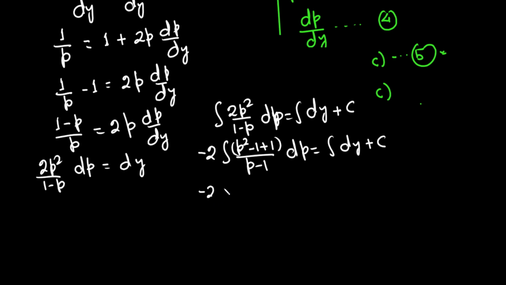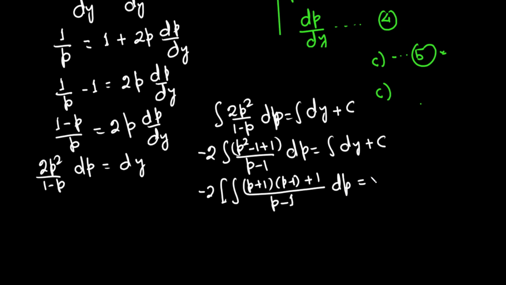Now we have minus 2 common, and p square minus 1 can be written as (p plus 1) into (p minus 1), plus 1, whole divided by (p minus 1) dp.